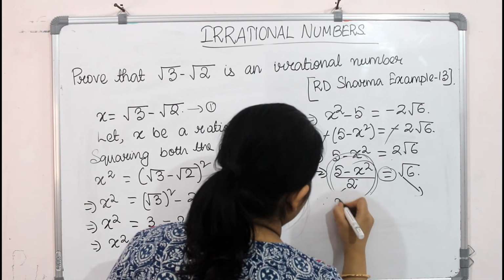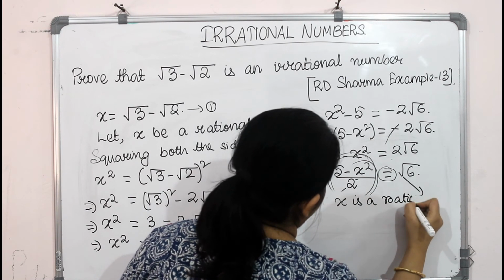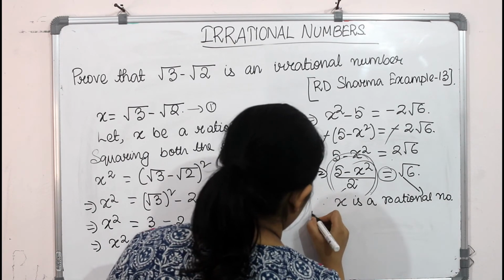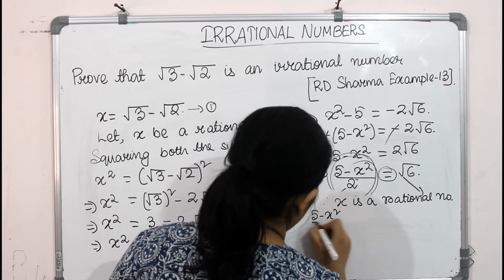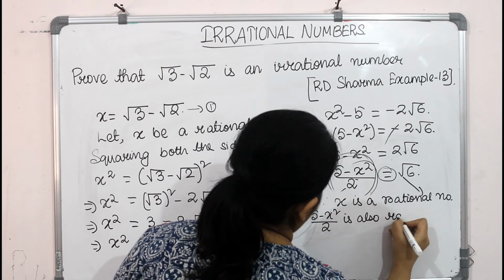So since x is a rational number, so therefore 5 minus x square by 2 is also rational.